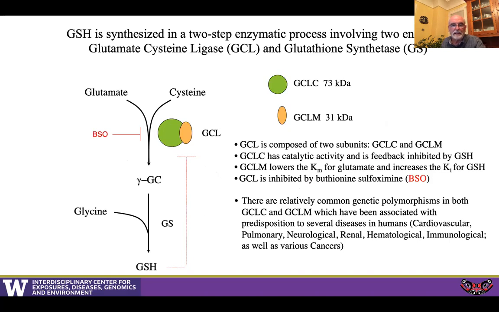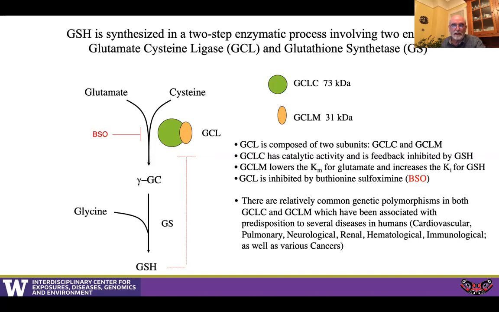GCLC is the catalytic subunit for GCL, and GCLM is the modifier subunit. So GCLC has catalytic activity and is feedback inhibited by glutathione. GCLM lowers the Km for glutamate and increases the Ki for glutathione in that enzyme, making it much more efficient.